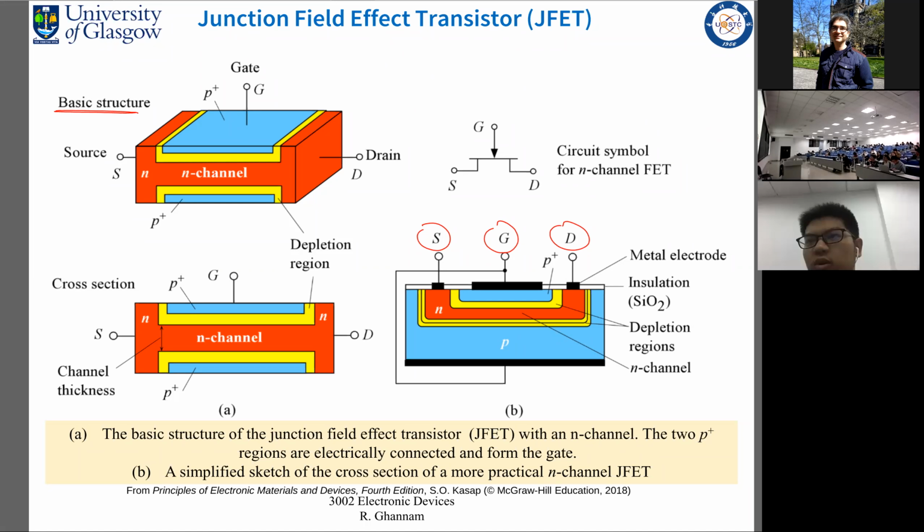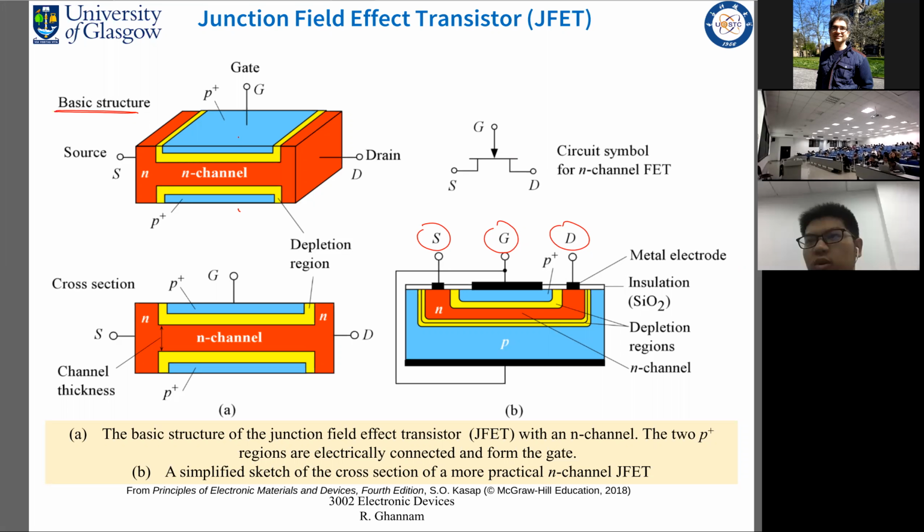So here what we have is metallic contacts at the top. The gate consists of these two metallic contacts. And beneath these metallic contacts, we have a p-type material. In this case, it has an acceptor carrier concentration that is much higher than the dopant carrier concentration in the n-type material.